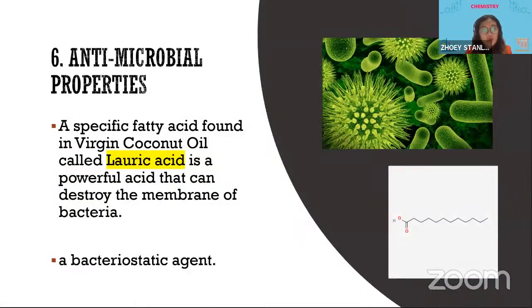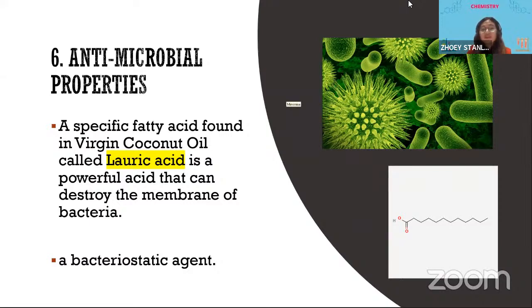Lastly, VCO has anti-inflammatory properties. A specific fatty acid found in virgin coconut oil is called lauric acid, which I mentioned earlier. It is a powerful acid that can destroy the membrane of the bacteria. This specific component of VCO is used as an antimicrobial agent called monolaurin, which fights pathogens such as bacteria, viruses, and yeast.